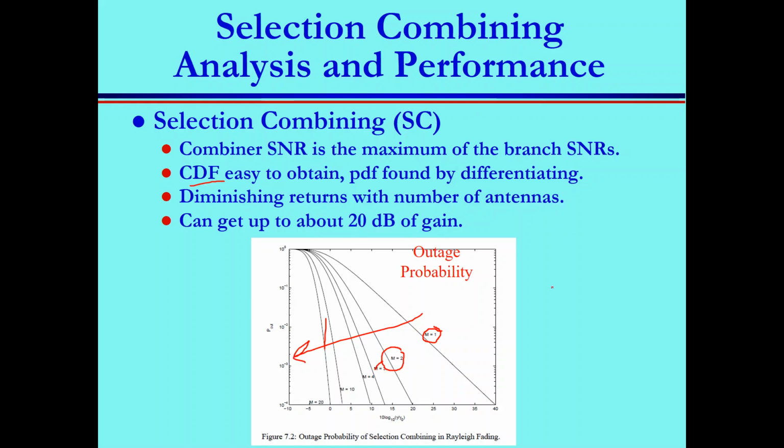Everybody with me, everybody understanding the importance? You see the example that I gave now? I have 3 antennas, each receiving the same signal but from a different channel. In the example, I'm saying this is a Rayleigh channel, the amplitude is Rayleigh, and this is Rayleigh, and this is Rayleigh.